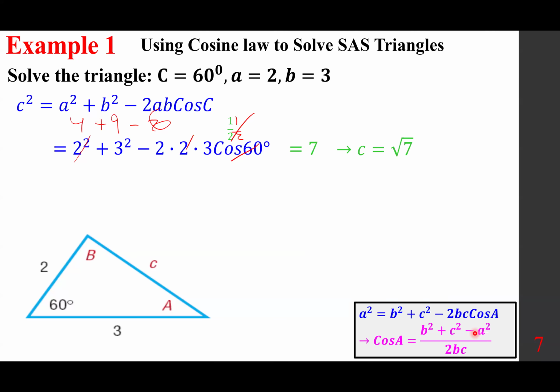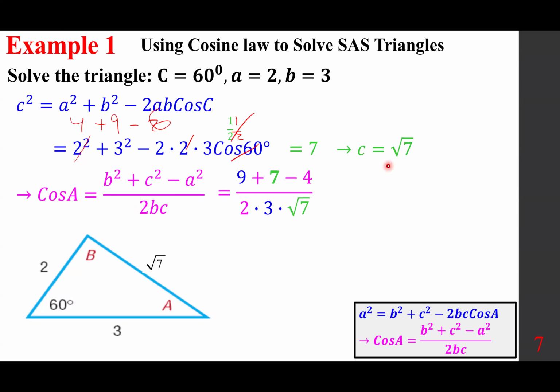Cosine A is b squared plus c squared minus a squared over 2bc. So b squared is 9. c squared is 7, minus a squared, which is 4. 2 times b, which is 3, times c, which is square root of 7. Just plug it in.